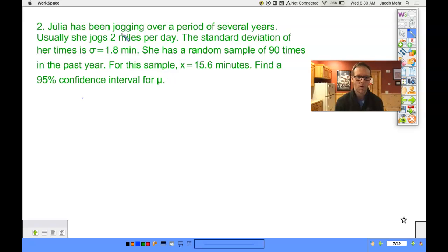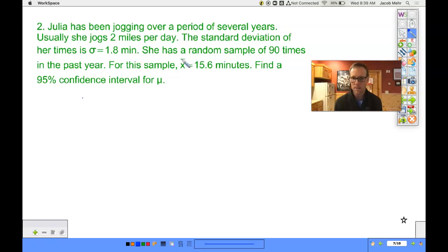All right, so she usually goes for this jog like every day, right? And over the last year, she's taken 90 of them. She hasn't taken all of them. If she did it every day, there'd be like 365, right? Actually, this is a leap year, 366 jogs. She didn't take the whole data set. She took a random sample of 90 of them, and that had a mean x bar of 15.6.